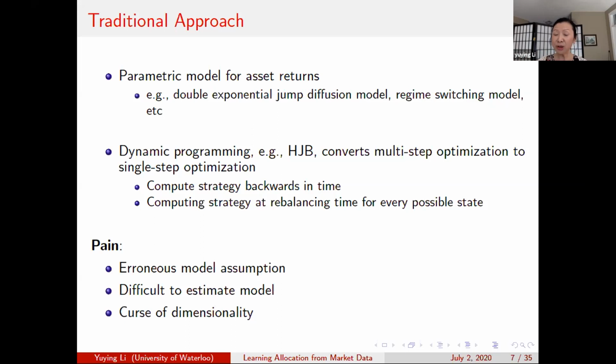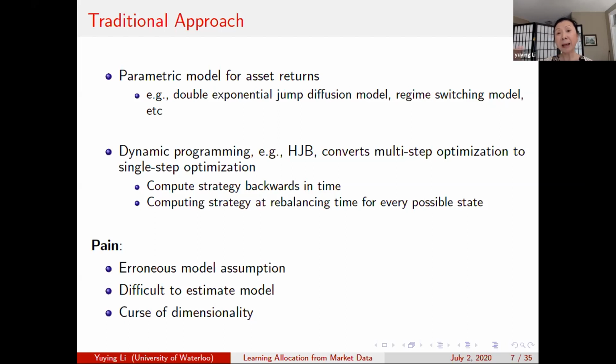And the estimation of the stochastic model itself is difficult. We can use maximum likelihood estimation, and suppose we do maximum likelihood estimation of a regime switching model, then that is actually a non-convex optimization problem. And we are faced with local solutions, and that's a difficult problem. The estimation problem itself is difficult to perform, right?